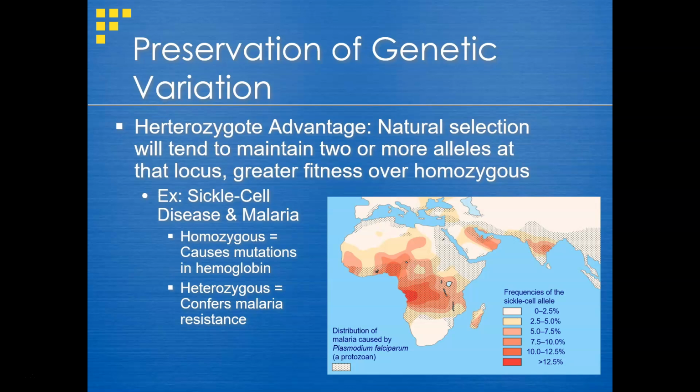So although those heterozygotes should theoretically kind of get weeded out of the population because they are making sickle cell babies, potentially, they actually confer this malaria resistance, and so their overall frequency in the population is actually higher than we would expect, and higher than we see in other places in the globe where that malaria isn't a problem. And that's this idea of heterozygote advantage.